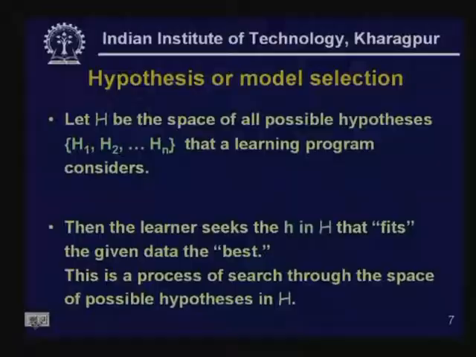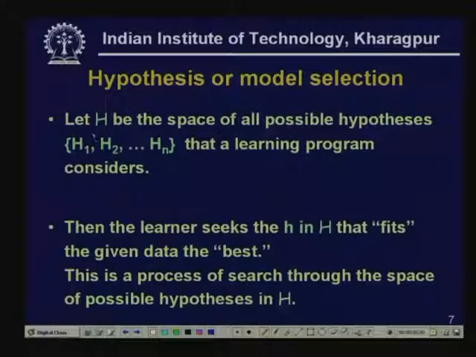Once we have decided what are the attributes or features that we are using, we will define a hypothesis space, and the hypothesis space is a collection of possible hypotheses. We will try to find a good hypothesis out of those in the hypothesis space. So, the hypothesis space H is a space of all possible hypotheses h1, h2, ..., hn.